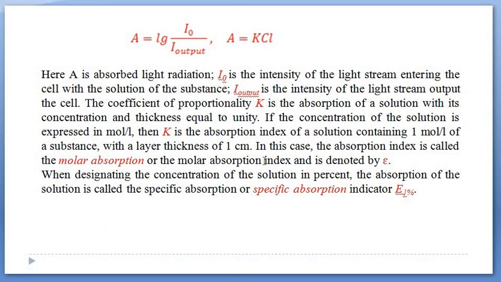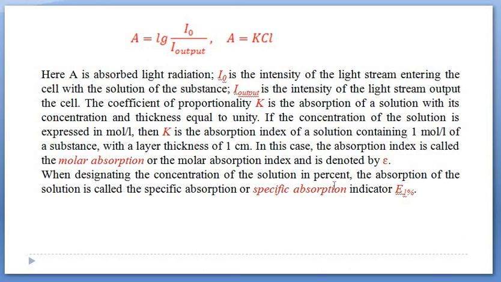The coefficient of proportionality K is the absorption of the solution with its concentration and thickness equal to unit. K is the coefficient of proportionality, C is concentration, and L is the thickness, which is equal to unity.